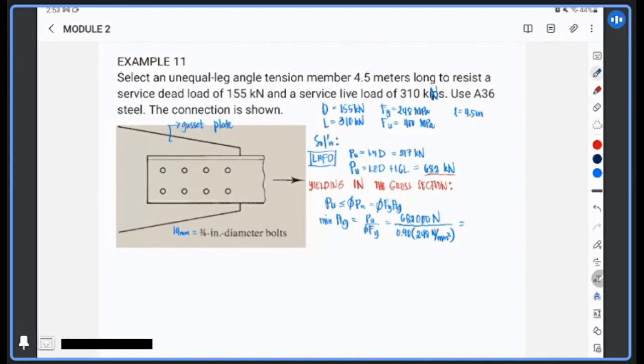Considering cross section yielding, the minimum Ag is 3,056 square millimeter.